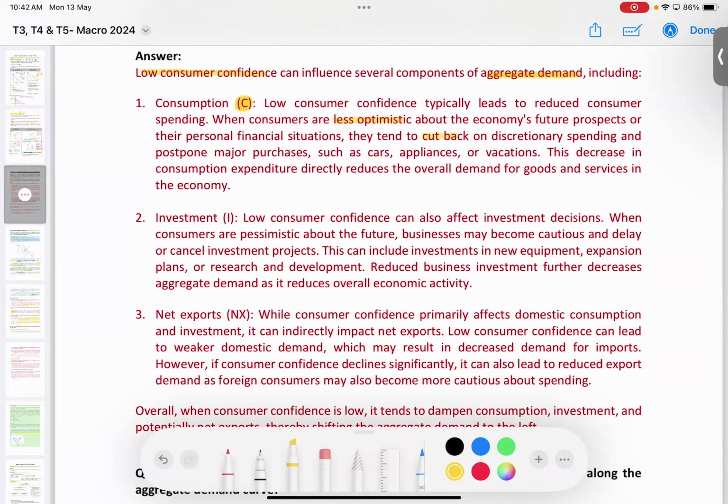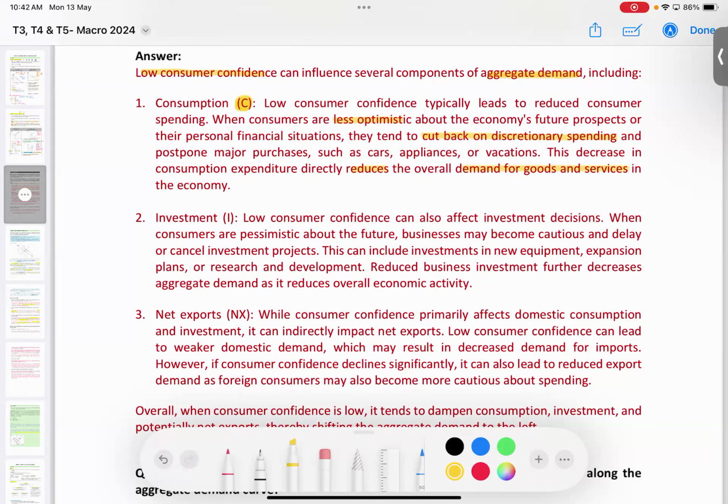So they will cut back on discretionary spending and postpone major purchases such as buying cars, appliances, and vacations. This decrease in consumption expenditure directly reduces the overall demand for goods and services.